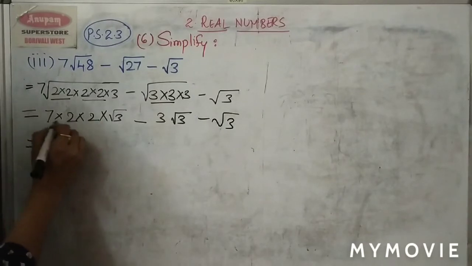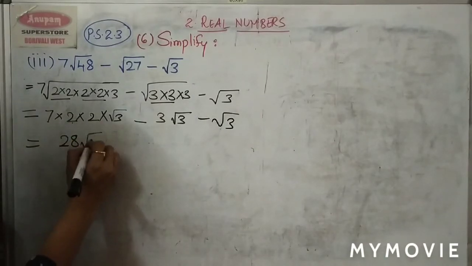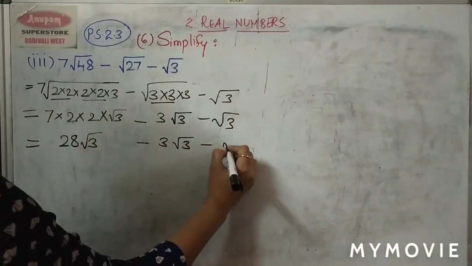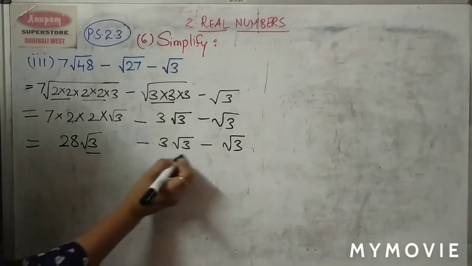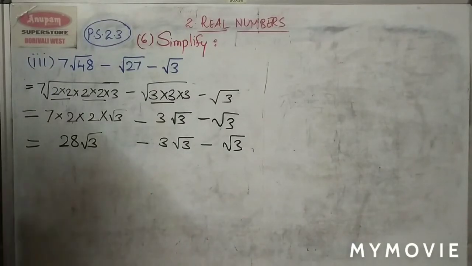Now 7 twos are 14 and 14 twos are 28. So this becomes 28 root 3 minus 3 root 3 minus root 3. So if you check now, you have root 3 and root 3. That means you can add or subtract the numbers which are outside.